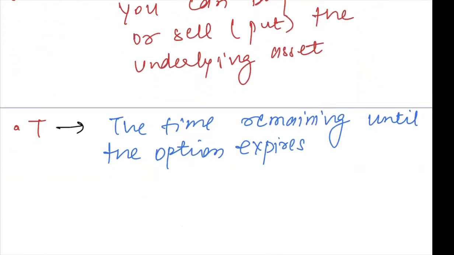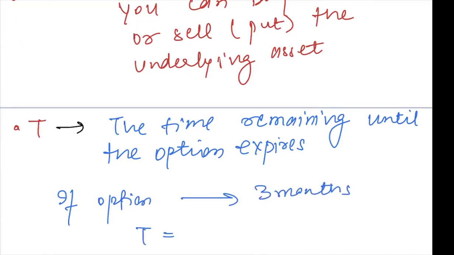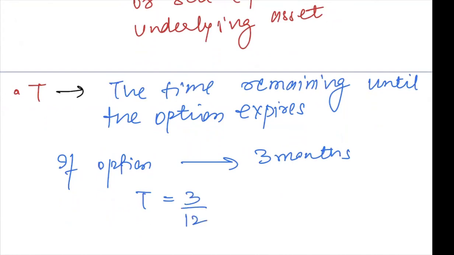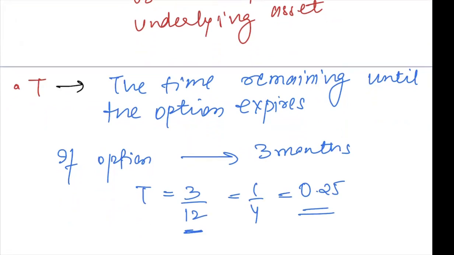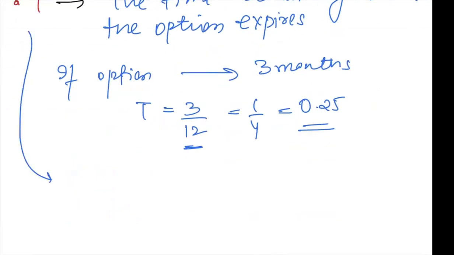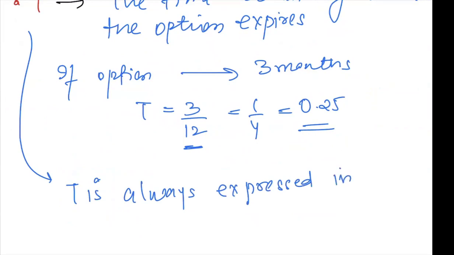So let's say if the option is expiring in 3 months, we'll take 3 by 12, which is 1 by 4. See, 3 months by 12 months in total, and this is 0.25. So we'll consider this as t is equal to 0.25. Also, always remember t is always expressed in years. So 0.25 years, okay.